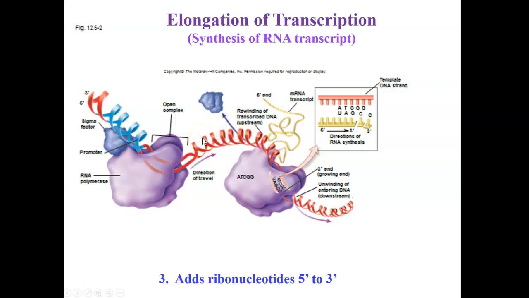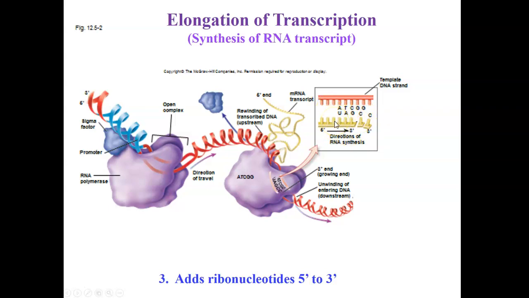And RNA polymerase will just make its way down the transcript itself. Again, we are using just one of these two strands of DNA as our template, and we are going to be moving down the DNA, synthesizing the new RNA strand in the 5' to 3' direction.